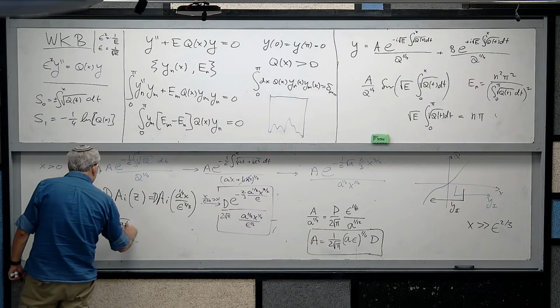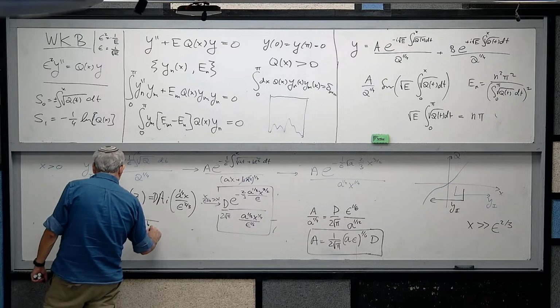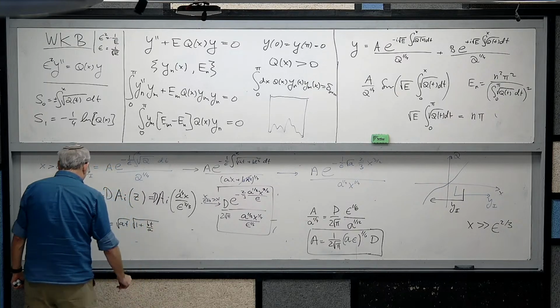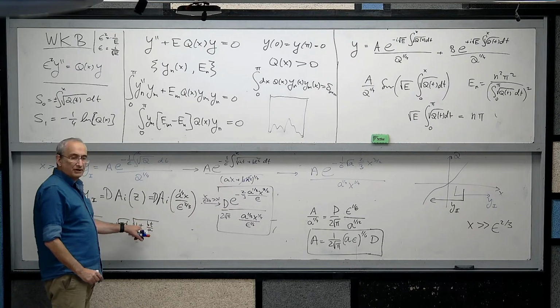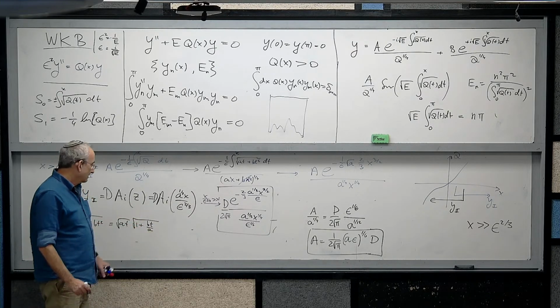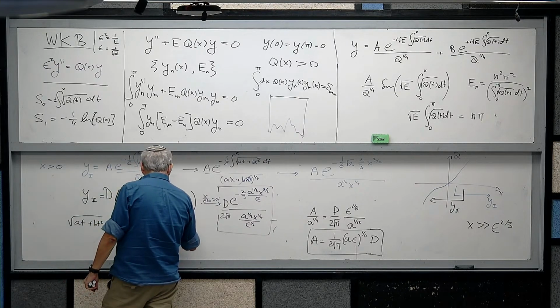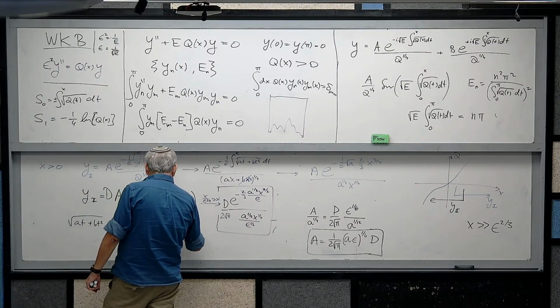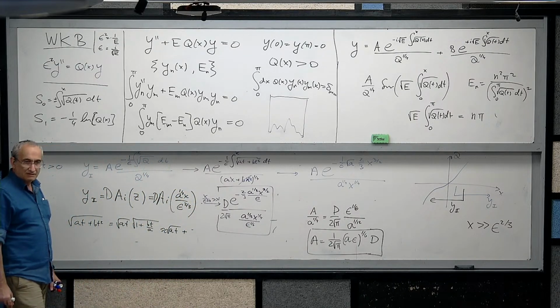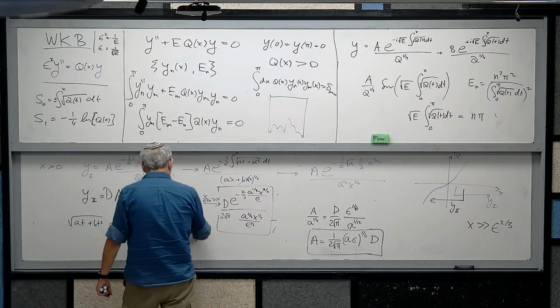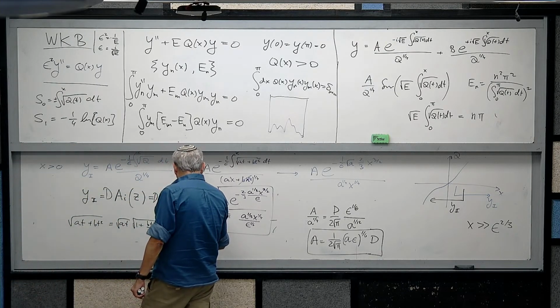Now, what I have neglected here: square root of AT plus BT squared is square root of AT times the square root of 1 plus BT over A, right? And BT over A is small compared to 1 when t is small, right? So I can write it as square root of AT plus, I have to expand the square root, so I have b over 2a, say, times t.